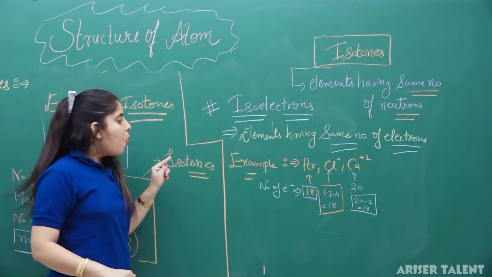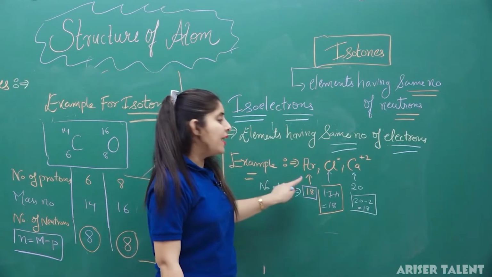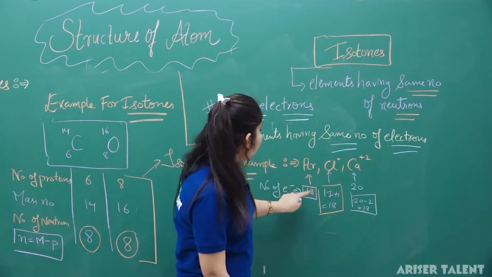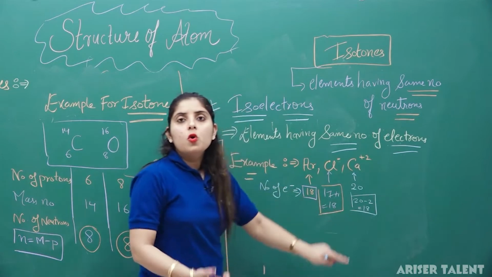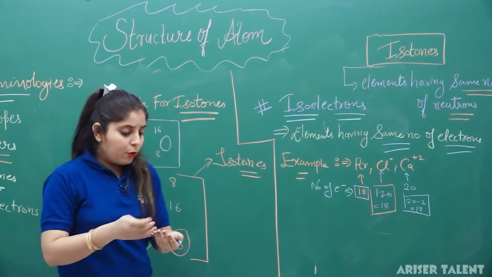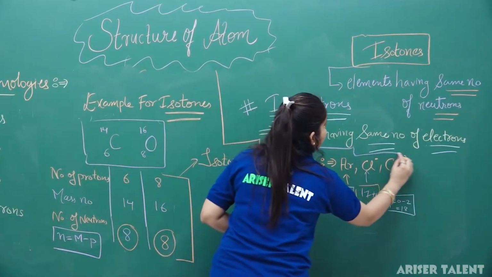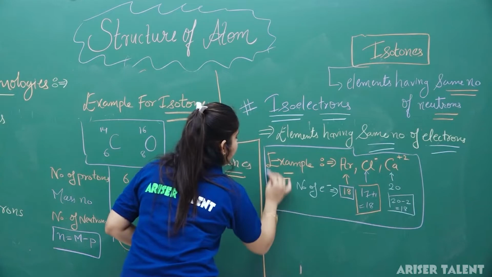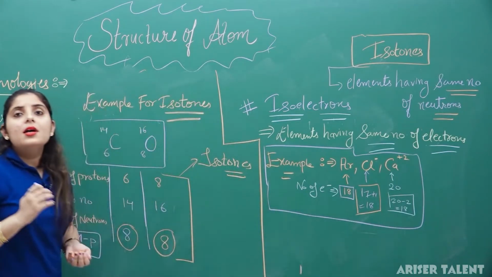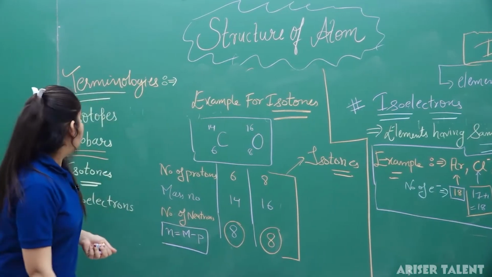So from all the above 3 species, we have observed that the number of electrons in all 3 is 18, 18 and 18. So we can say that the 3 species are isoelectronic in nature. It means they have the same number of electrons present in the shell of an atom.